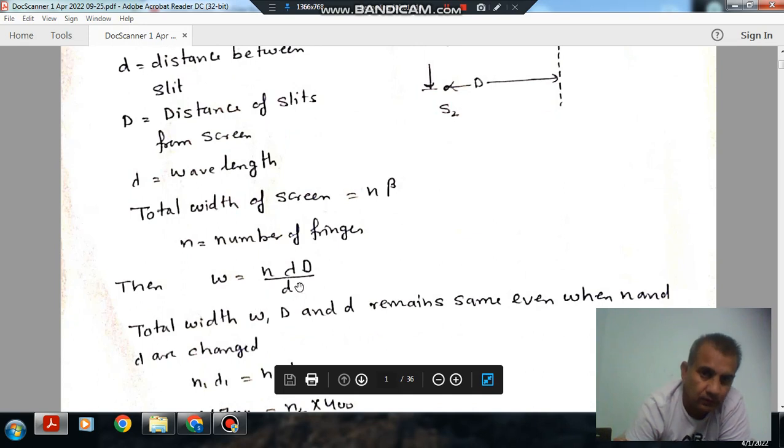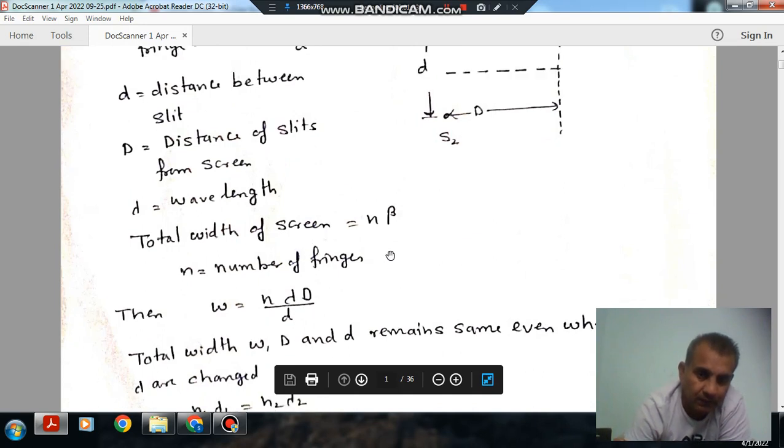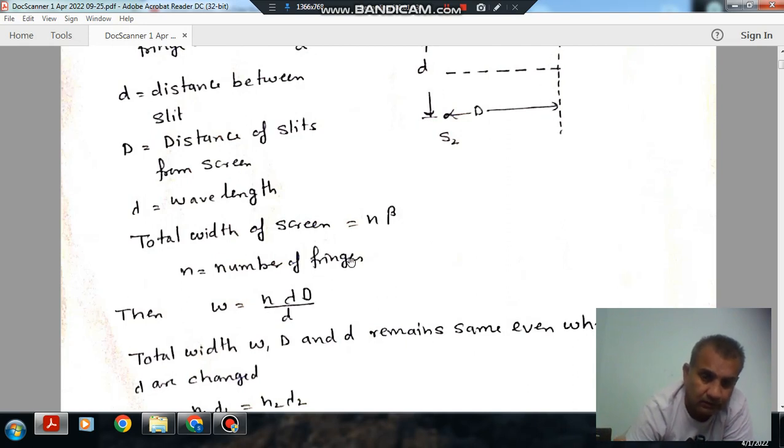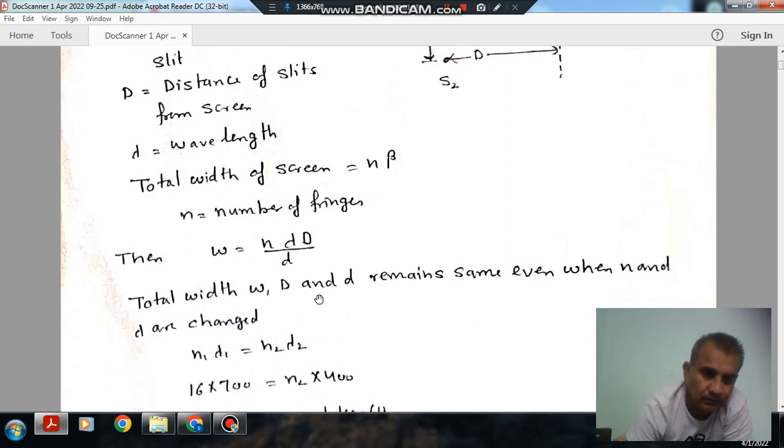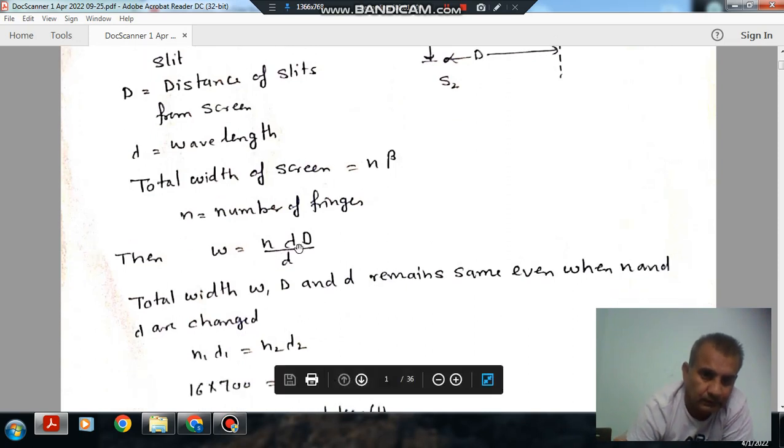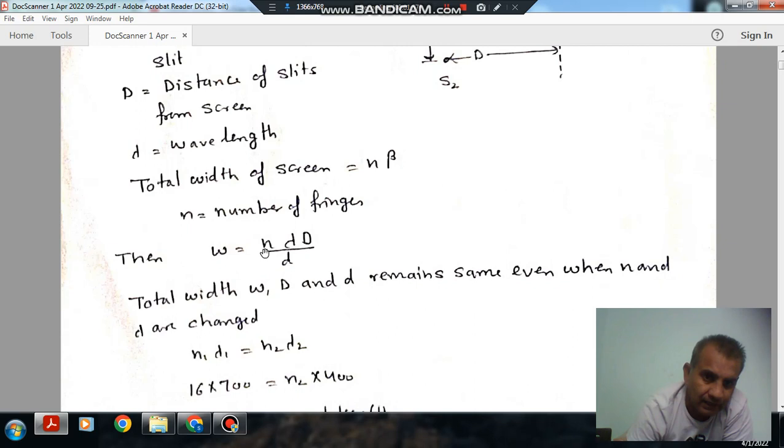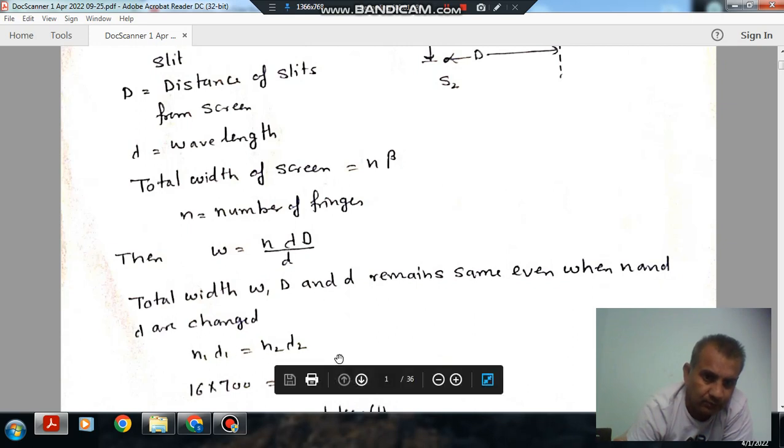Now when lambda is changed, capital D and small d will remain the same, and the width of the screen will also remain the same, but the number of fringes will change. So keeping W constant, with D and d constant, n1 lambda 1 will be equal to n2 lambda 2.